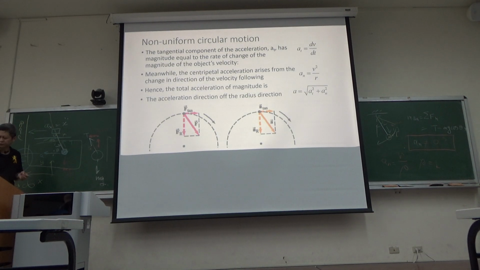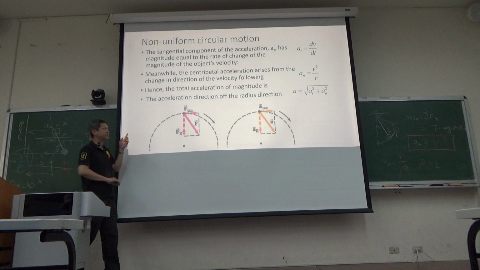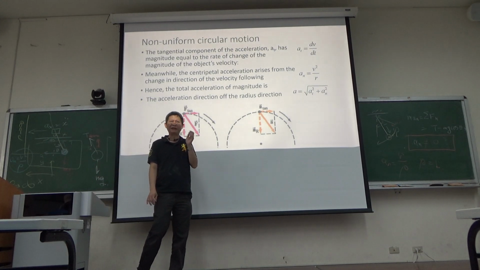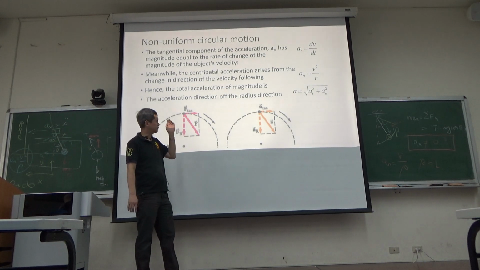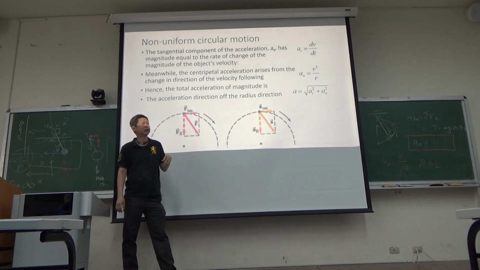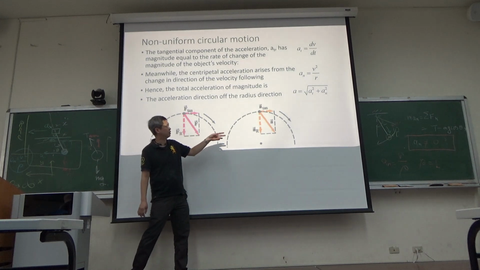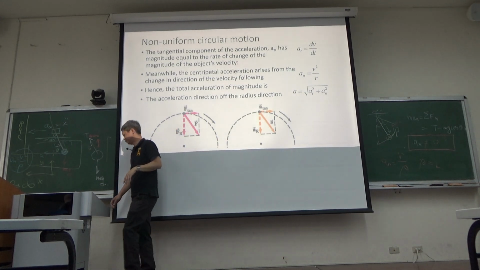Okay? So the tangential acceleration is actually the tangential speed change over time. And then the normal acceleration is the speed squared over radius. And what is your vector sum?